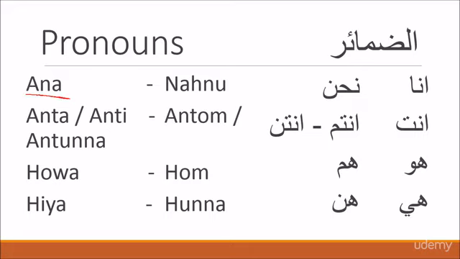So I, أنا, you, male, أنت, you, female, أنتِ, هو, him, هي, she, نحن, we, أنتم is you all for male and female, and أنتن is you all for female only.